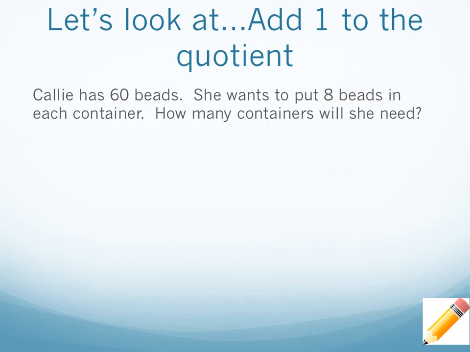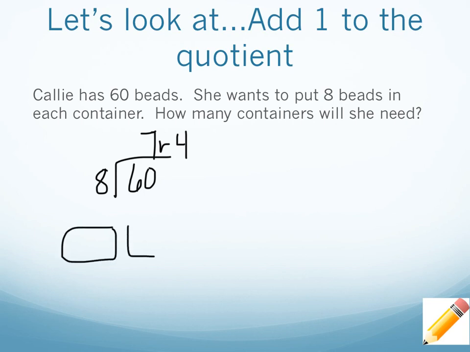As we've previously solved, 60 divided by 8 is 7, remainder 4. What this means is that Callie is going to have 7 containers with 8 beads in each container.